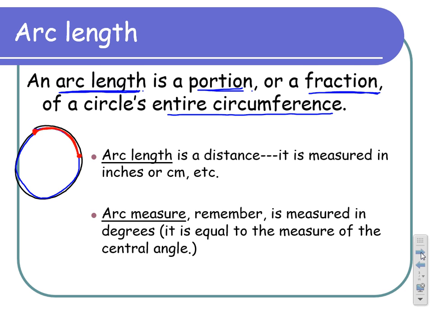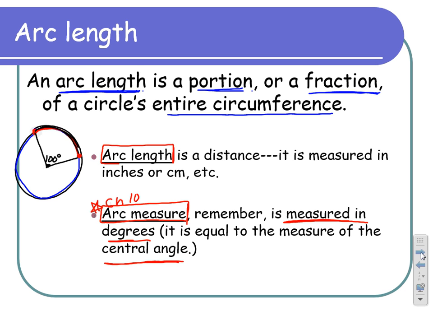Now, when we are talking about arc length, don't confuse it with arc measure. This is something that we did in chapter 10, and we said that arc measure, remember, is measured in degrees. It's the same as its central angle. So if this circle over here has a central angle that's 100 degrees, then the measure of this arc right here is also 100 degrees.